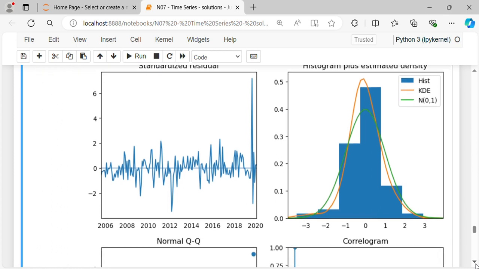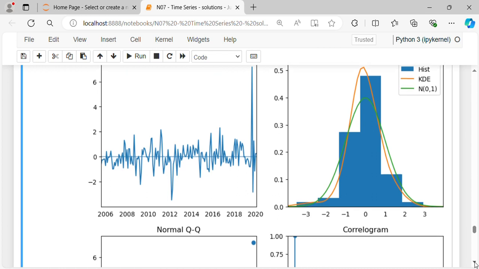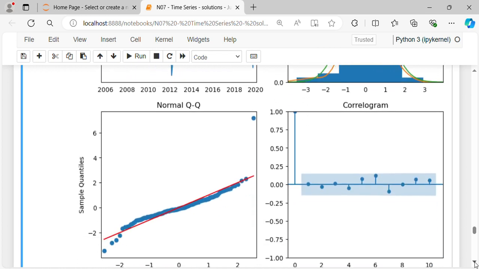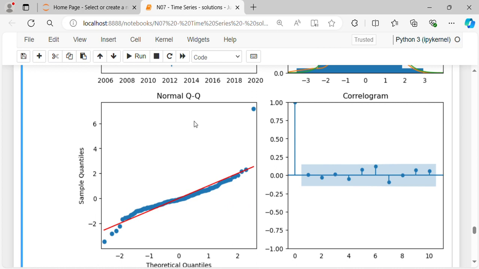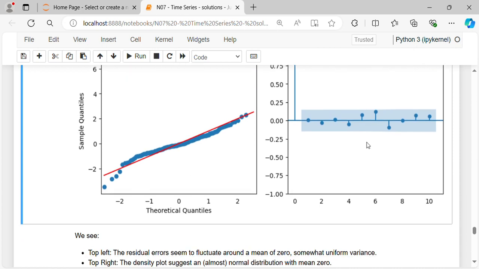And from the histogram we see that the highest bar is for the 0.5 value. Then we look at the normal QQ plot, with sample quantiles versus theoretical quantiles, and this tells us about the skewness.